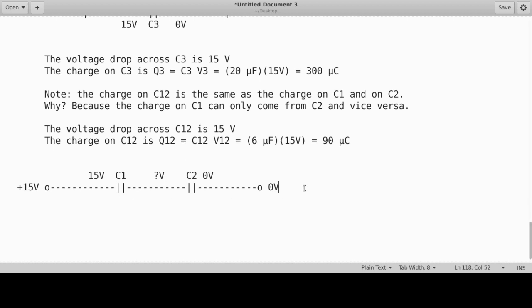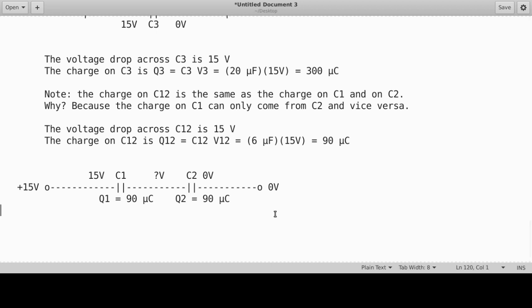We also know one other thing. We know that the charge on C1 is the same as the charge on C2, and it's the 90 microcoulombs. So this is sometimes confusing to students, but again, because the two are in series, capacitors in series, the charges on them are going to be the same.